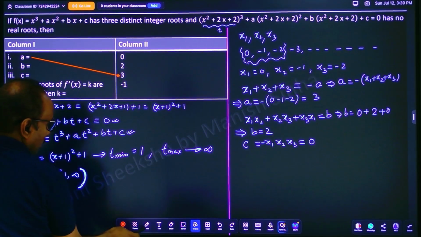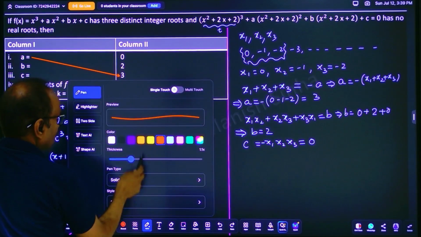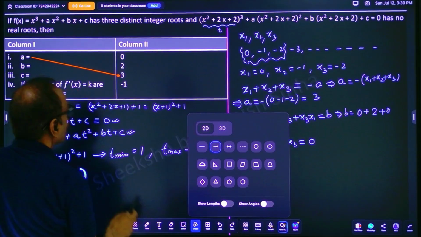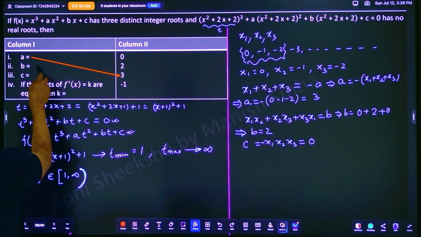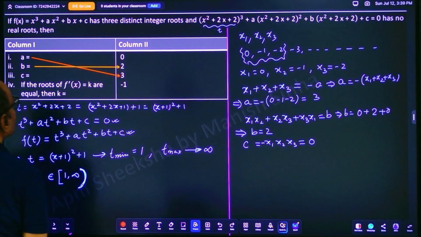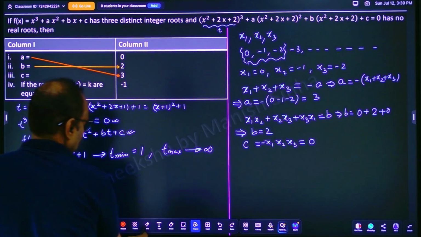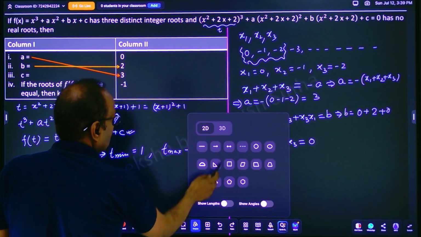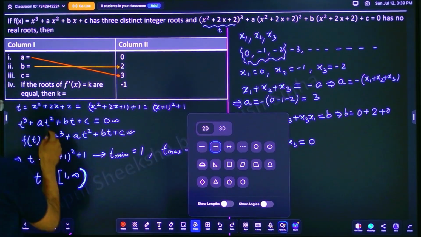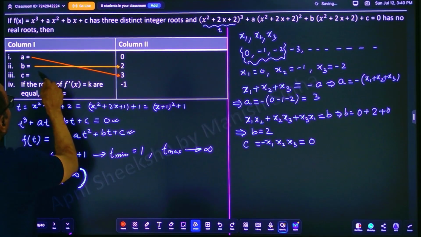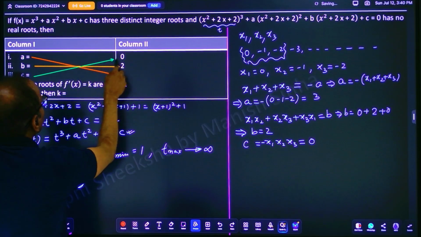A is equal to 3, B is equal to 2, and C is equal to 0.